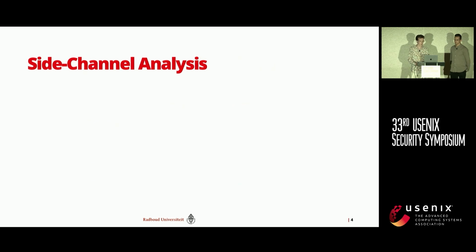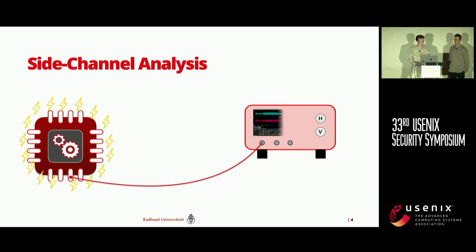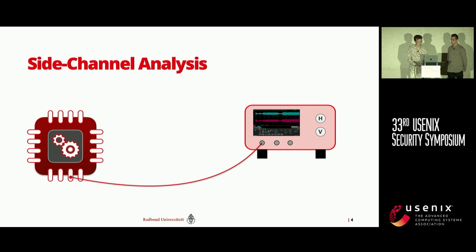So again, just a brief recap, for the side channel we consider a chip and a scope. We connect them to each other or with an antenna, and then whenever some piece of data is being processed, power is being consumed, and with that we can capture traces which will reveal some information about what is being processed.